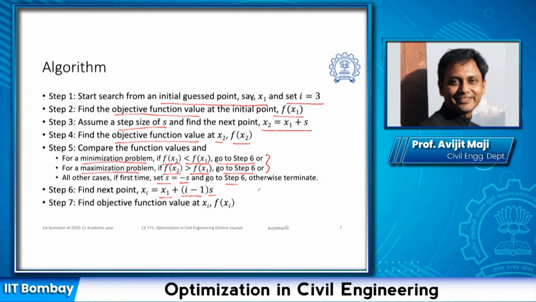So in the first iteration, or after completing, if we consider this as a first iteration, this can be iteration 2. So in iteration 2, my x3 is going to be x1 plus 2 times my step size.